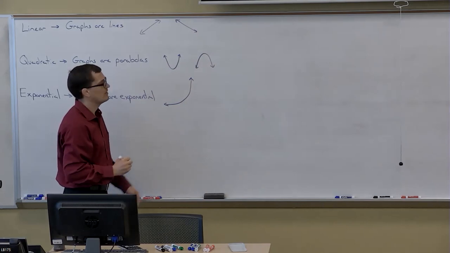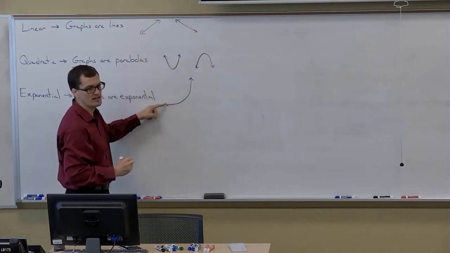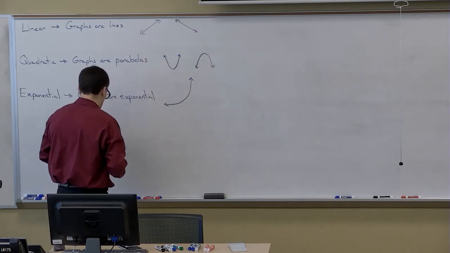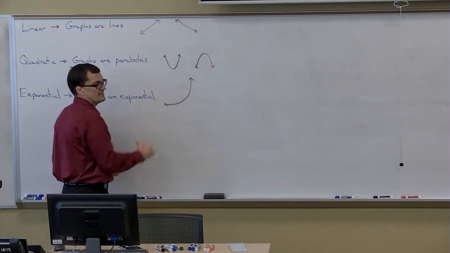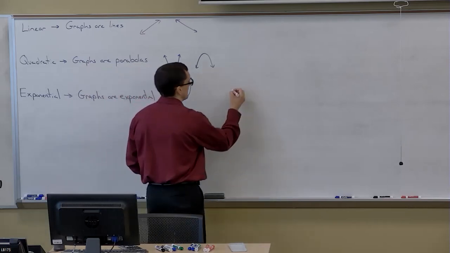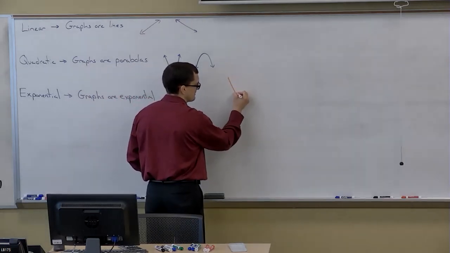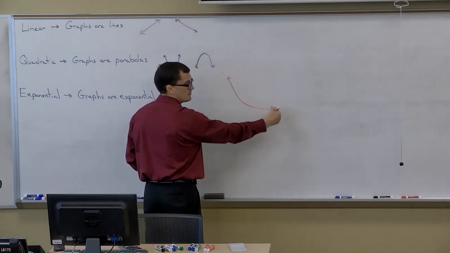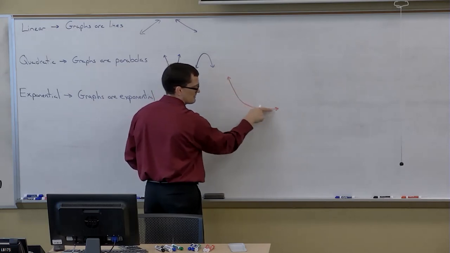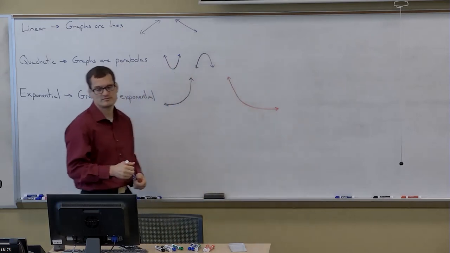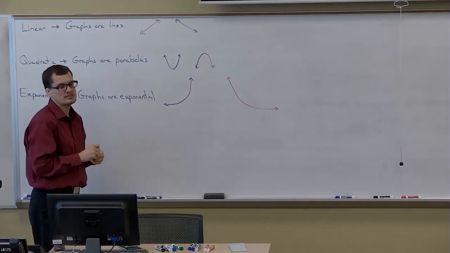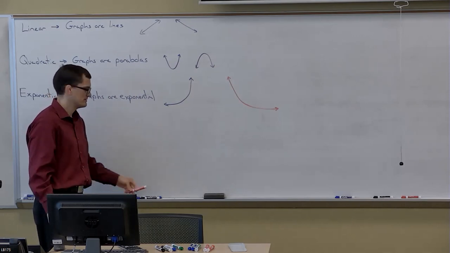Notice it's not like a parabola because this left-hand side never comes back up. It just stays flat, basically. That's the increasing exponential graph. The decreasing exponential graph does the exact opposite. It's like the mirror image. If you went to the left, it'd shoot up, and if you went to the right, it'd flatten out. We okay with that? So that's what the exponential graph does.